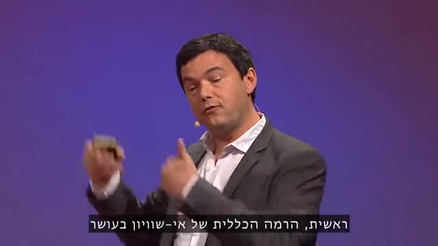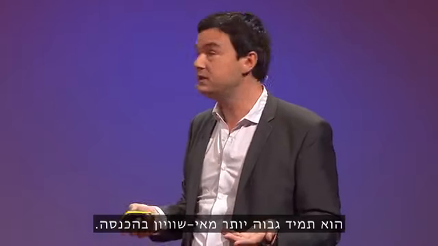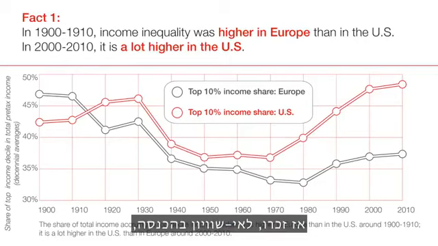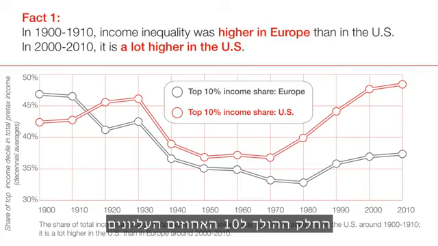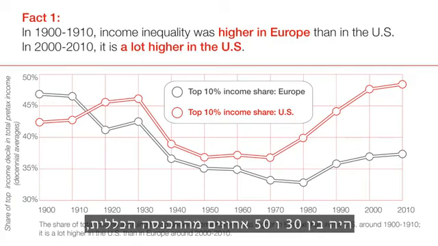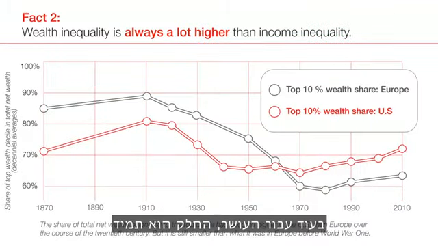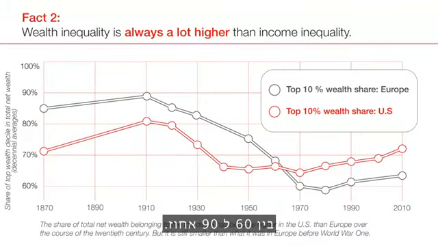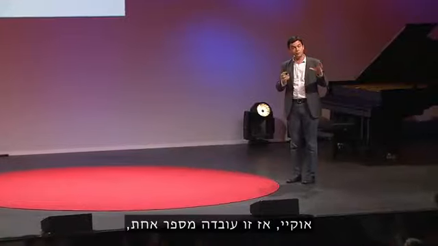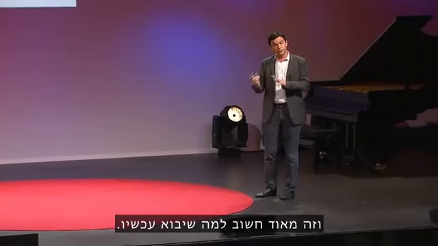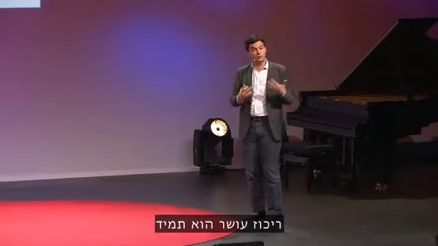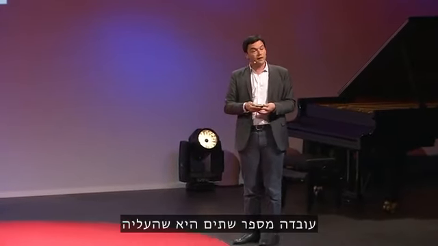First, the general levels of wealth inequality are always higher than income inequality. Remember, for income inequality, the share going to the top 10% was between 30 and 50% of total income, whereas for wealth, the shares are always between 60 and 90%. So that's fact number one, and that's very important for what follows. Wealth concentration is always a lot higher than income concentration.